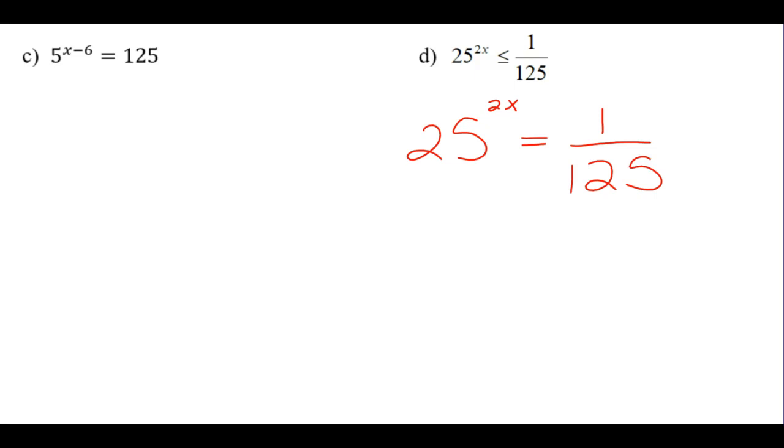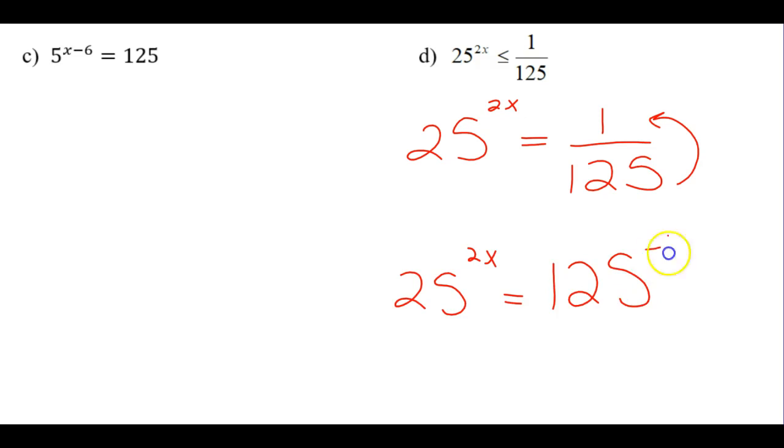So how could I bring this to the top of the fraction? Give it a negative exponent. So this could be 125 to the negative first exponent. Just like a negative exponent moves something to the bottom and becomes positive, if it's on the bottom, you can bring it to the top with a negative exponent, just reversing that step.